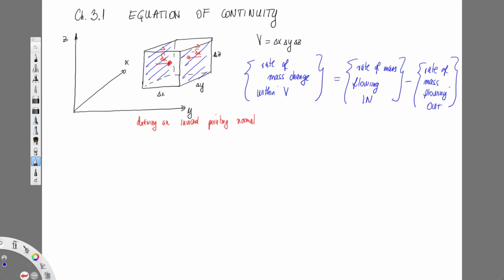For x equal to x, what's coming in is rho v dot delta x, so that's my projection onto the normal.